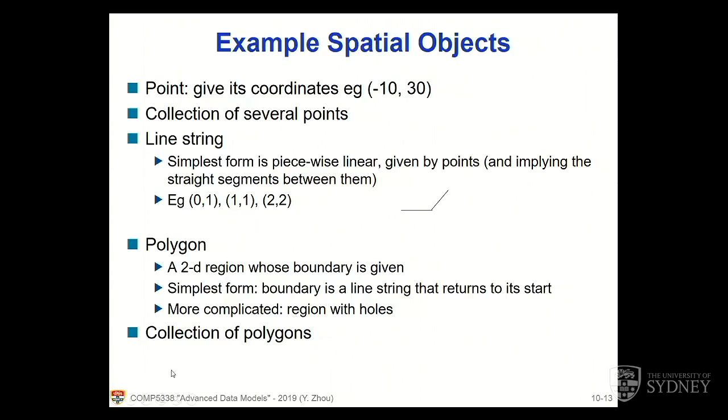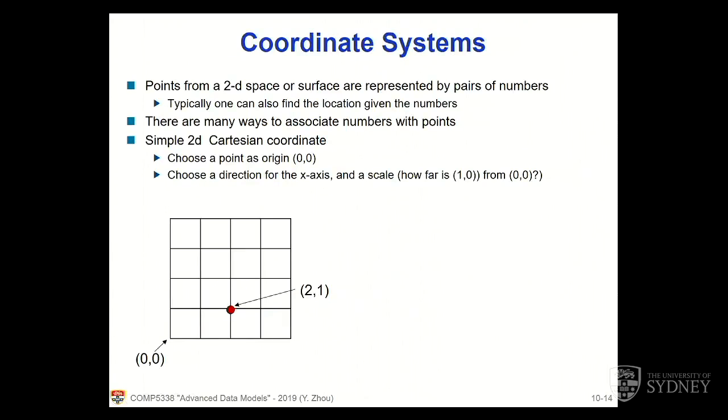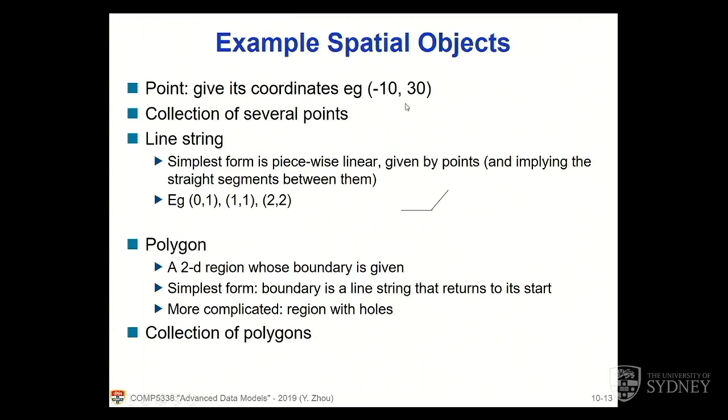Most spatial systems will implement those basic shapes. So the most basic thing we need is a point, which is given by the coordinates, and the coordinates are usually 2 or 3 or multiple values depending on the dimension of the space.